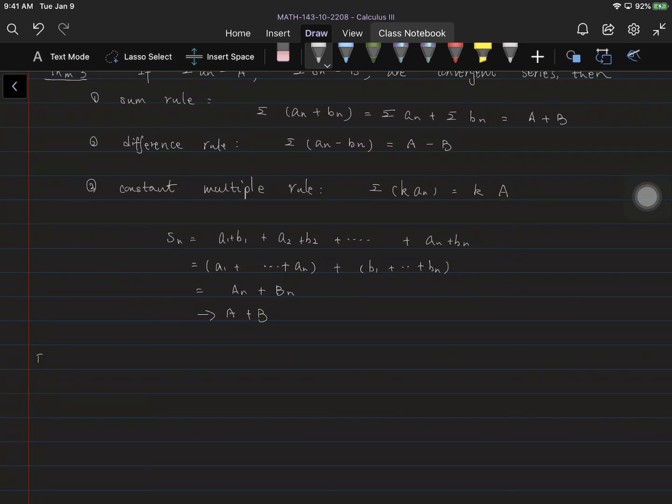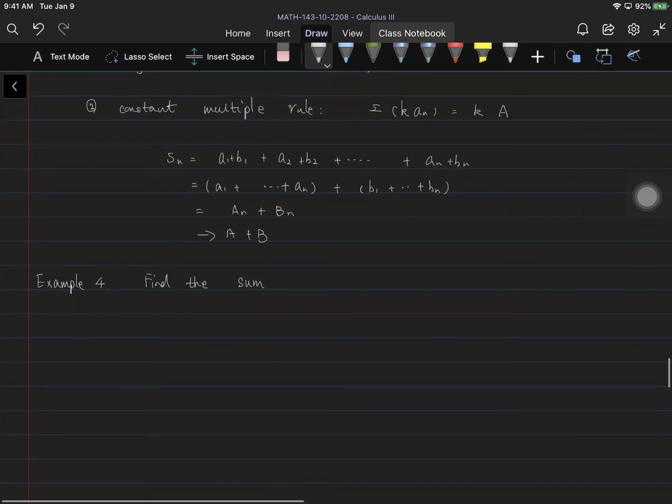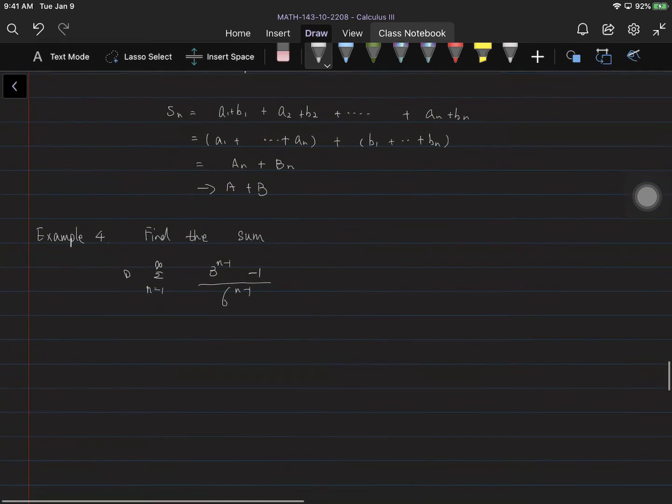Example 4. Find the sum of the series. Okay, the first one, n starts from 1 to infinity. Let's take a look at this one.